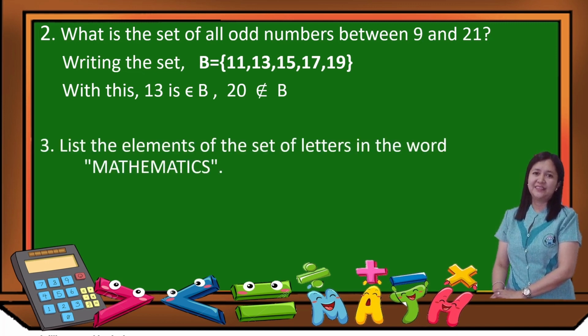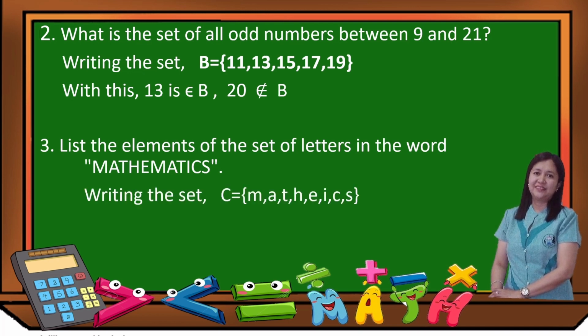Let us have number 3. List the elements of the set of letters in the word mathematics. So writing the set C is equal to the elements M, A, T, H, E, I, C, S. Class, notice that we have letter T written twice in the word mathematics.